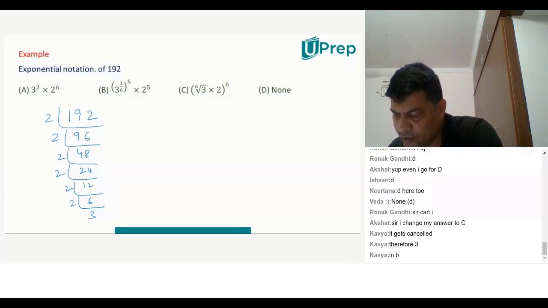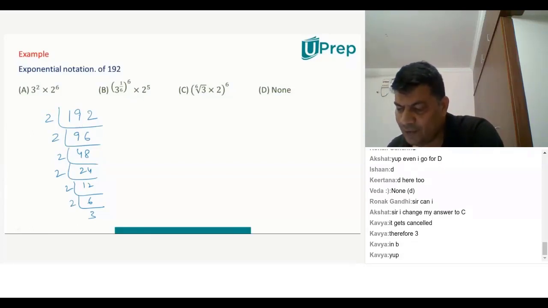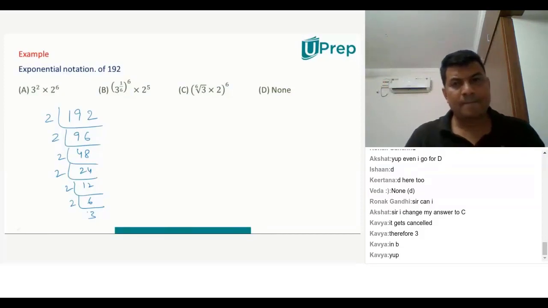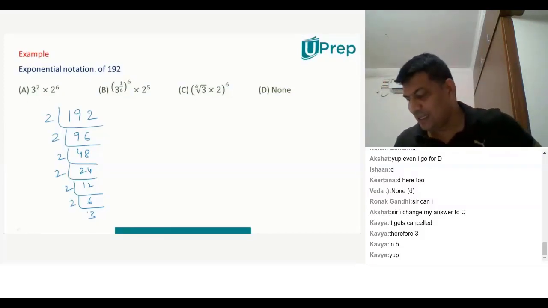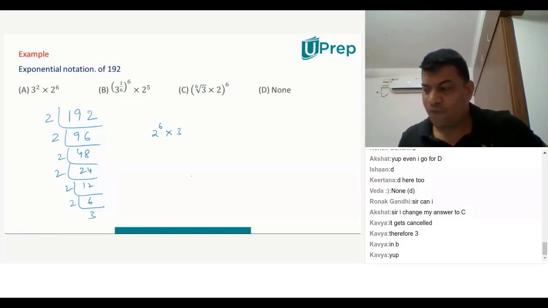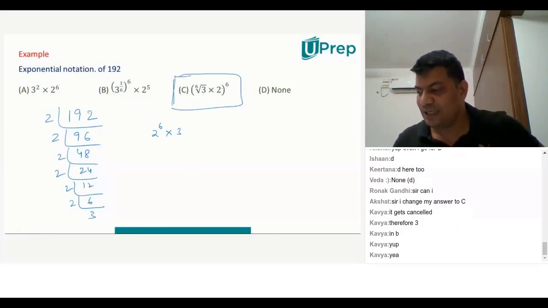Correct. 2 9s are 18. 48, 24, 12, 6, and 3. Okay? Very good. So you can see this is nothing but 2 to the power of 6 into 3. Therefore, the answer has to be C, because 2 power 6 is here.